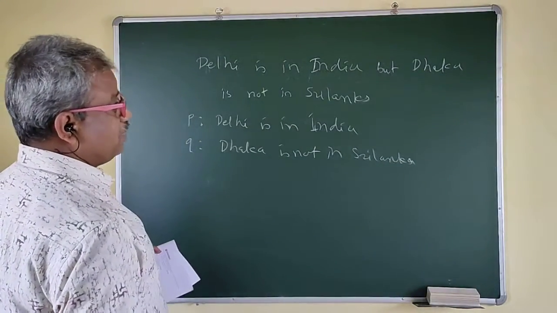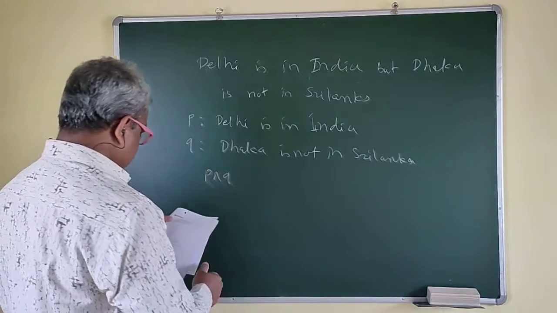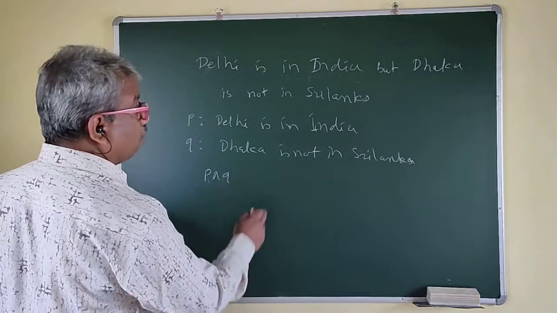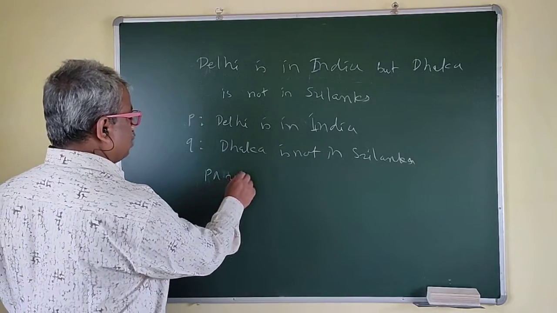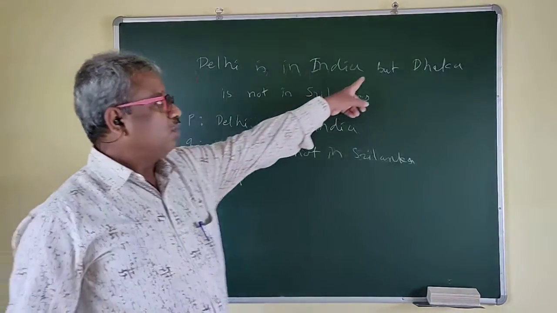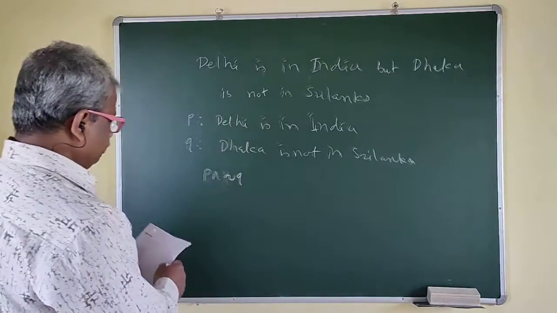So "but" means what? And. So this is P and Q. That means Q is the negation. So for "but", the other statement you have to connect with the negation.